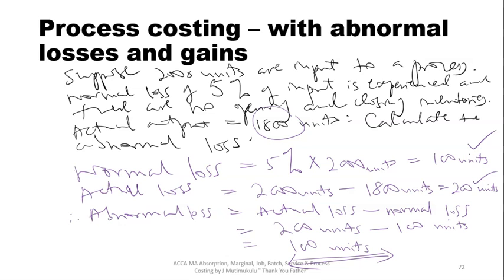Let's now consider an example where we'll be dealing with abnormal gains. All right. Suppose 2000 units are input to a process.